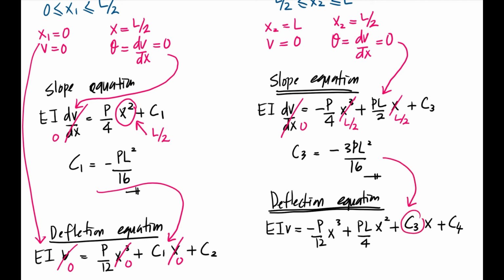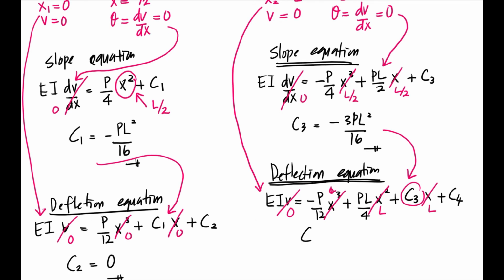Now in the deflection equation, v equal to 0 and x is L, you substitute in here. When you substitute x is L, therefore we can find C4 is equal to PL cubed over 48.